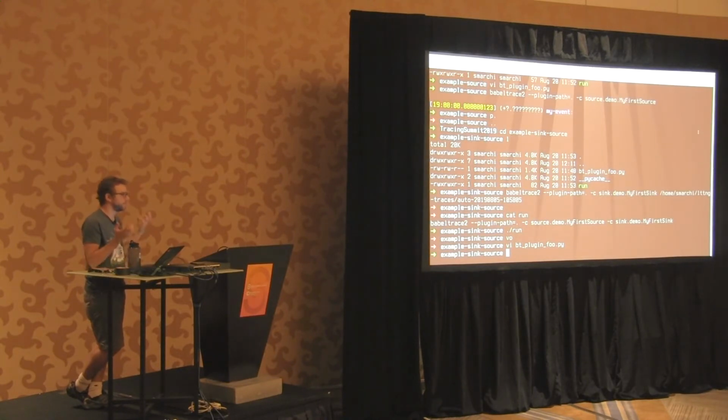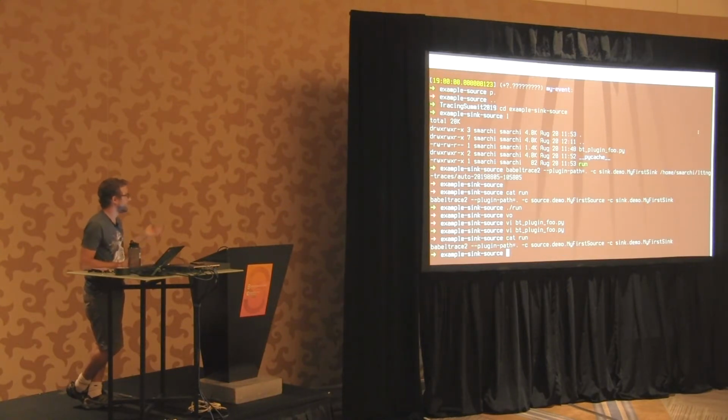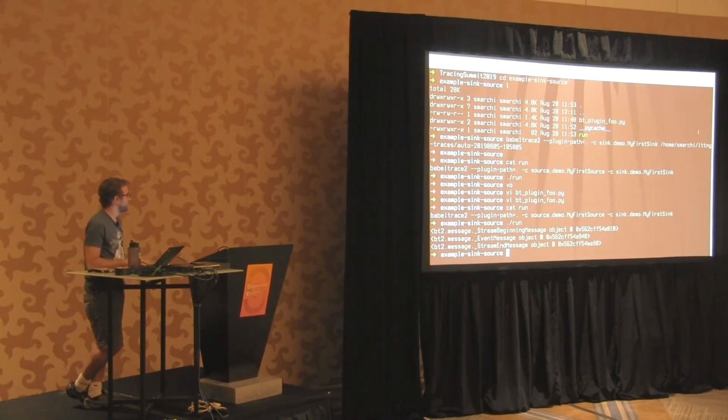I could have put them in separate plugins and loaded the 2 as well, but just think of it like this. In my run command line, I just use the -c switch twice to instantiate 1 of each, so they will talk to each other. And if I run it, I see that my sink prints the 3 messages that I indeed sent in my source. I think it's quite straightforward.